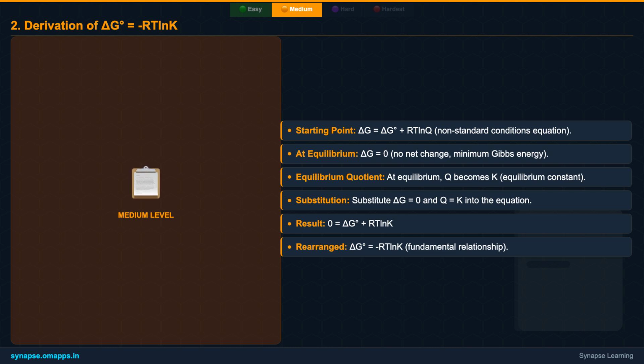At this precise point, the reaction quotient, Q, also becomes the equilibrium constant, K. By substituting these conditions into our non-standard Gibbs energy equation, delta G is equal to delta G degree plus RT ln Q, we arrive at 0 is equal to delta G degree plus RT ln K. Rearranging this gives us delta G degree is equal to minus RT ln K, a fundamental link between the thermodynamic spontaneity under standard conditions and the extent to which a reaction proceeds to equilibrium.